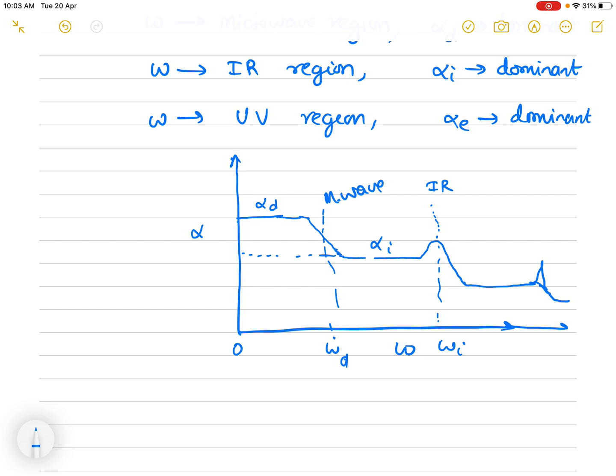Dipoles, ions and electrons respond only at the appropriate frequencies; when the frequency is much higher than what is required, they do not oscillate, they just stay stationary, and only at the required frequency do they tend to oscillate.